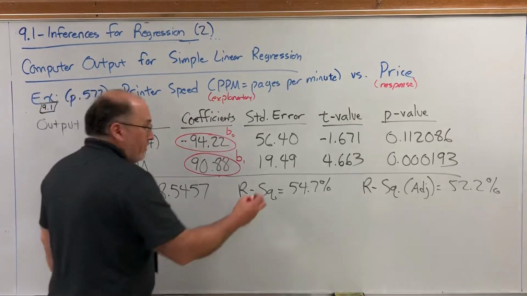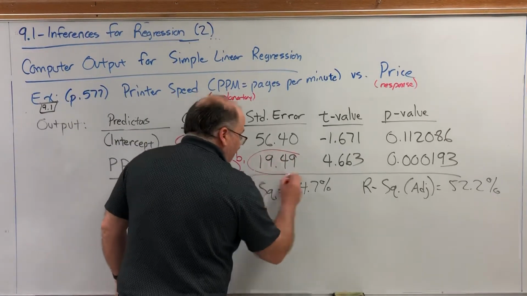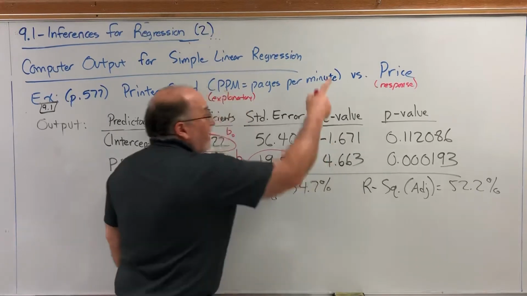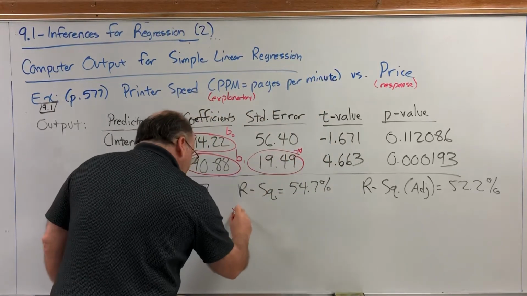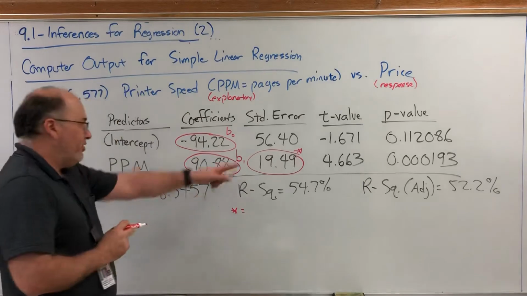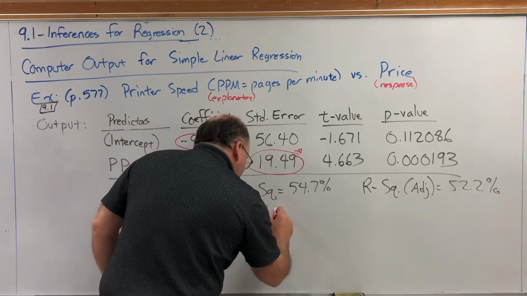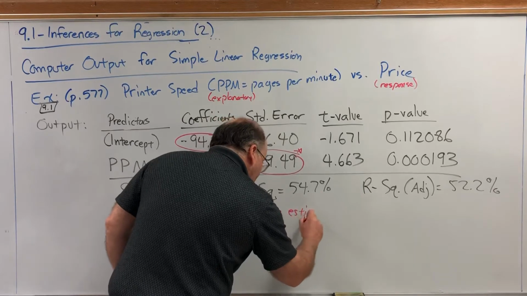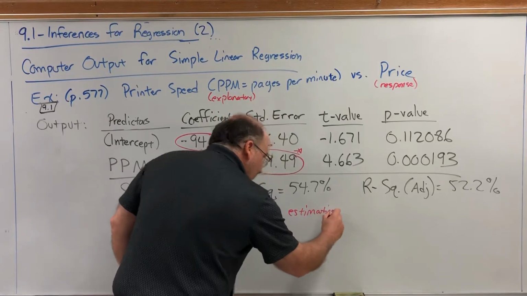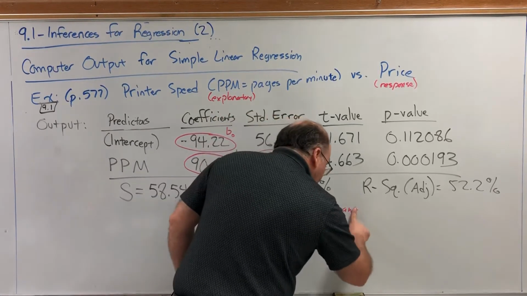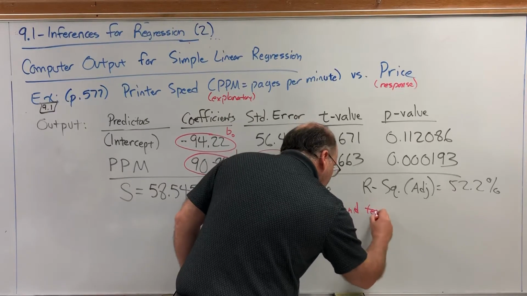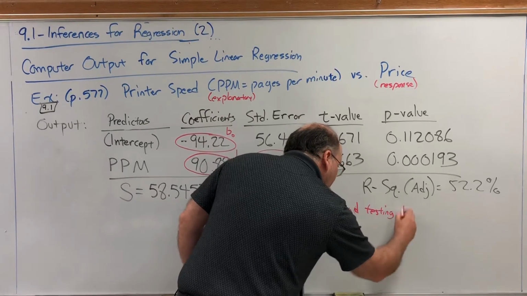Now, we're given a lot of other values here, so let's just talk about what these are. This standard error, let me put an asterisk by it, and I'll go down here and define what that is. The standard error here is the standard error used in estimating and testing beta 1.